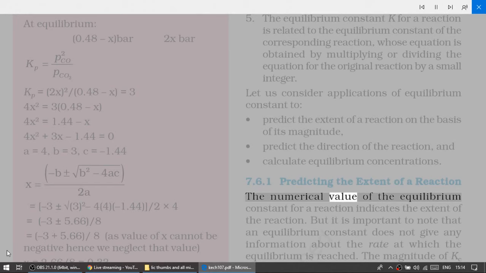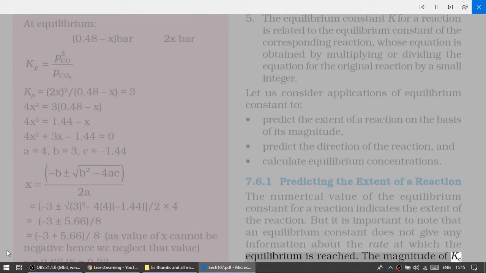The numerical value of the equilibrium constant for a reaction indicates the extent of the reaction. But it is important to note that an equilibrium constant does not give any information about the rate at which the equilibrium is reached.